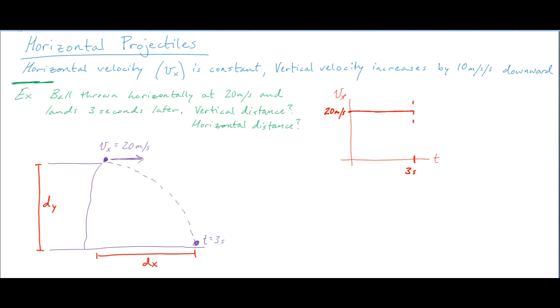And so then the area of a horizontal velocity versus time graph will tell me the horizontal distance that it travels. So I see that d sub x is equal to the horizontal speed times time. I'm going 20 meters per second for 3 seconds. That should make sense that we end up going 60 meters horizontally. That's our horizontal distance.